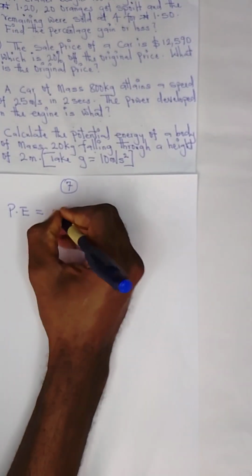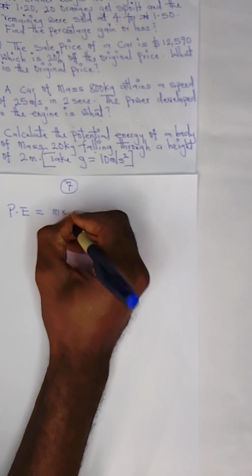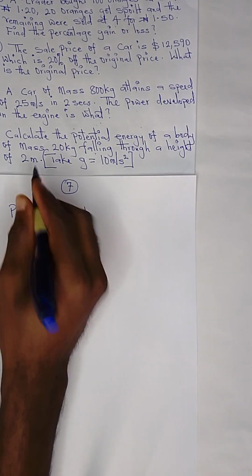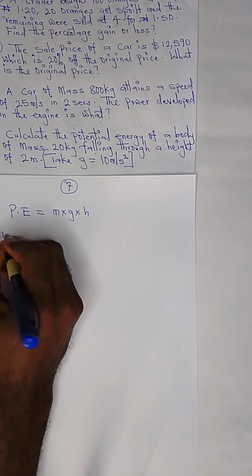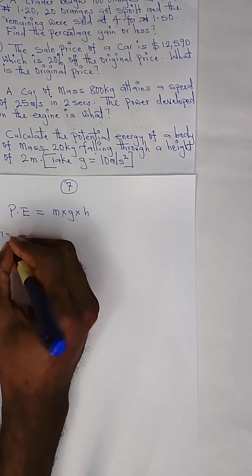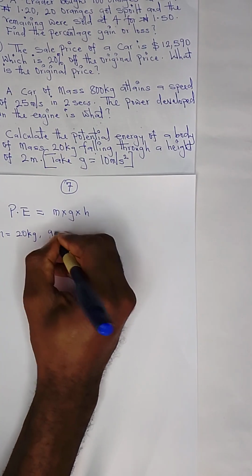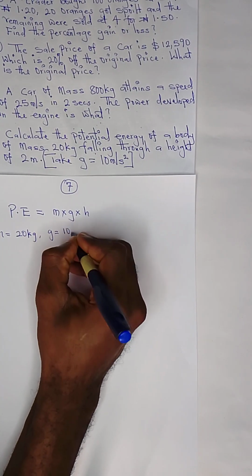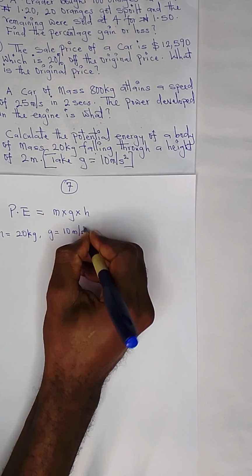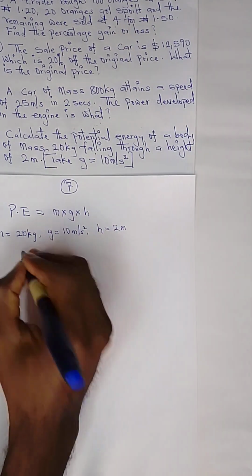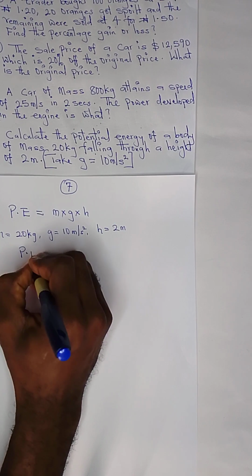Potential energy is equal to mass times acceleration due to gravity times height. In this question, the mass is 20 kg, the acceleration is 10 meters per second square, and the height is 2 meters. So we can just plug in the values.